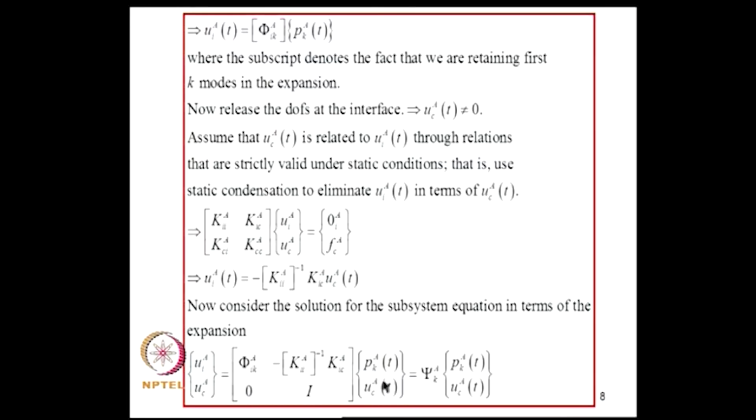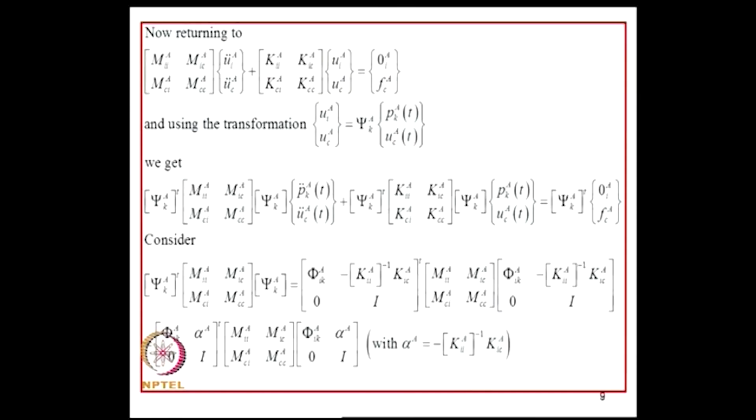Is that okay? Now, this is how we represent the assumed displacement. Now, we return to the governing equation and make this substitution. So, once I substitute this, I will pre-multiply by psi k A transpose and I get this equation, and this leads to the definition of reduced mass and reduced structural matrices.